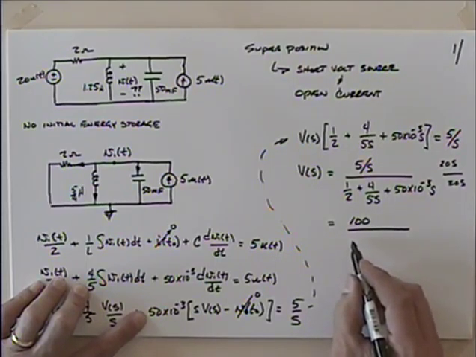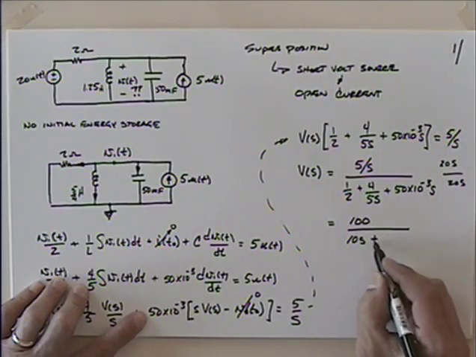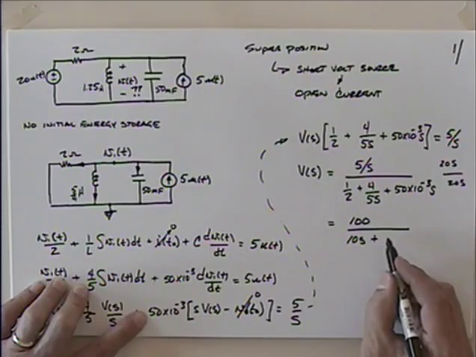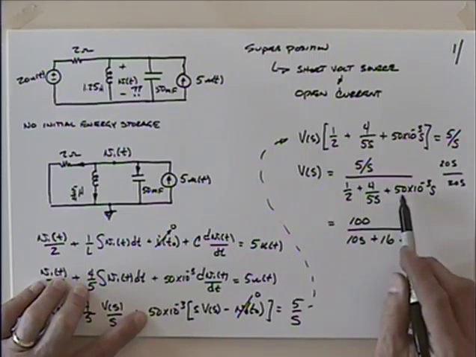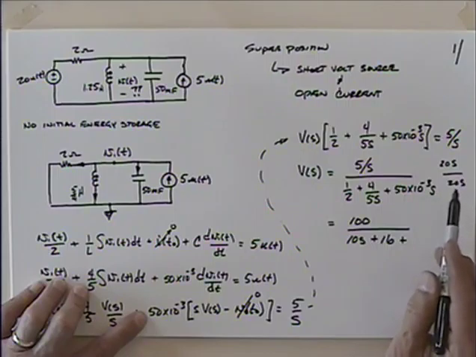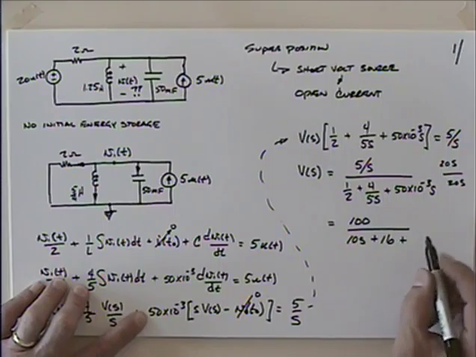divided by 10s plus, what, 16 plus, let's see, 50 times 10 to the minus 3 times 20 gives me, that's 1, isn't it?